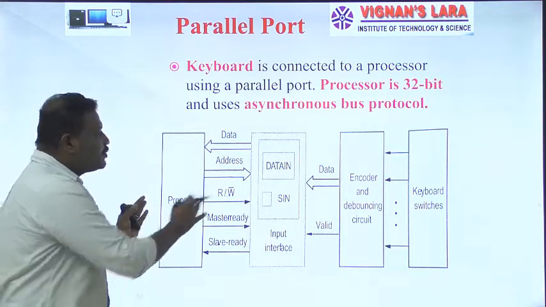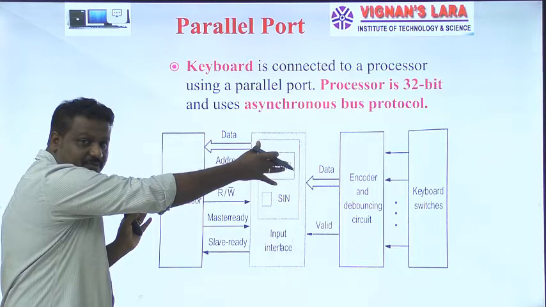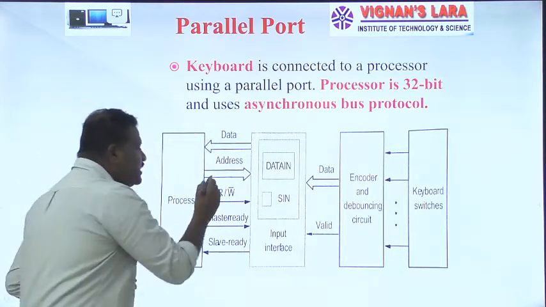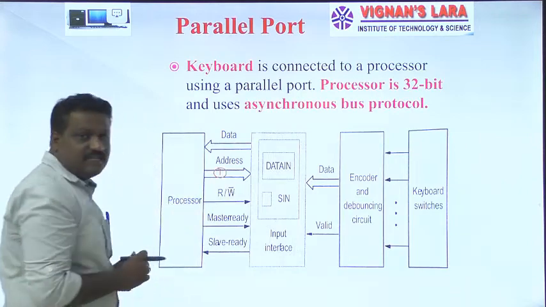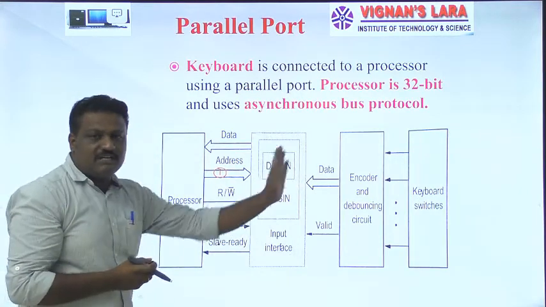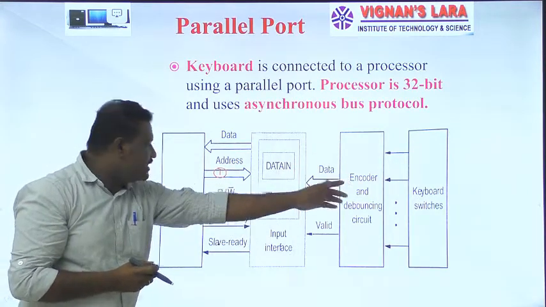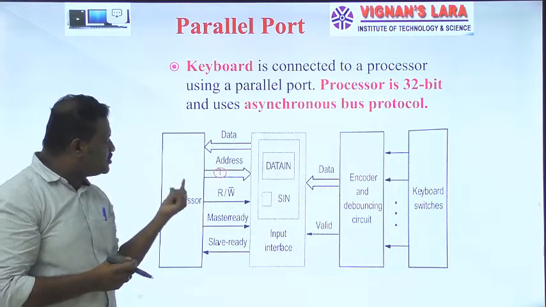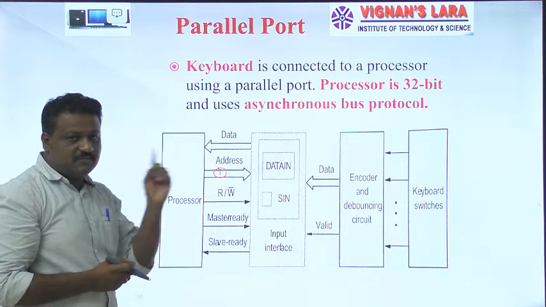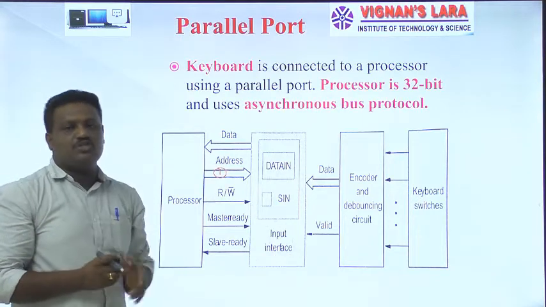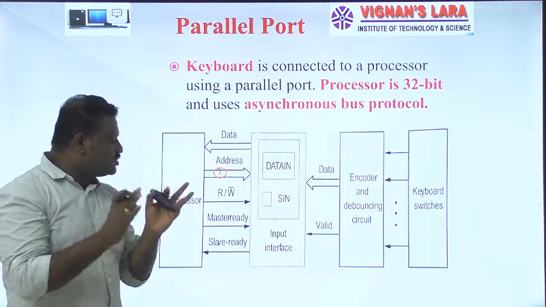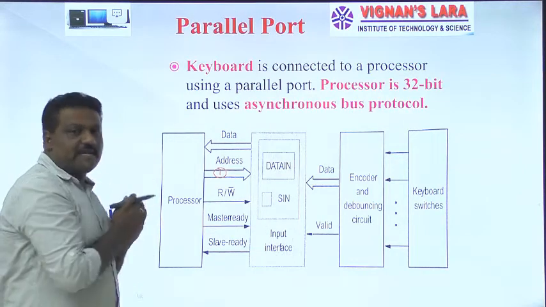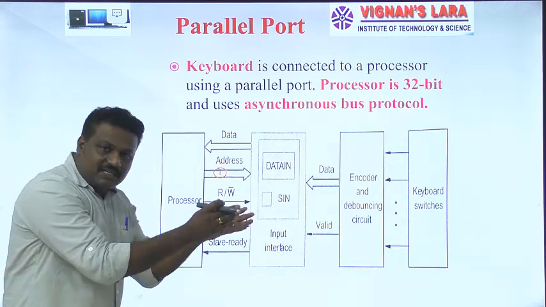If my processor wants to take something from an input device, first it will generate an address of that corresponding device. The generated address is transferred to the device with the help of the address bus. So it first places the generated address on the address bus. Let me assume that was the first operation. After generating an address, my processor is going to do either a read or write operation on that selected device.